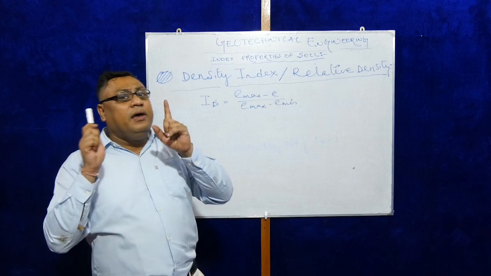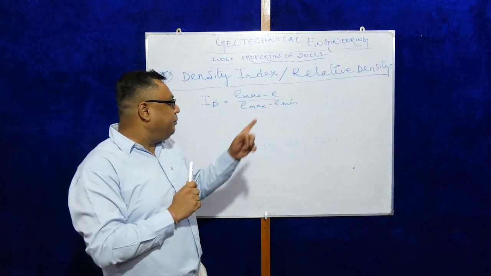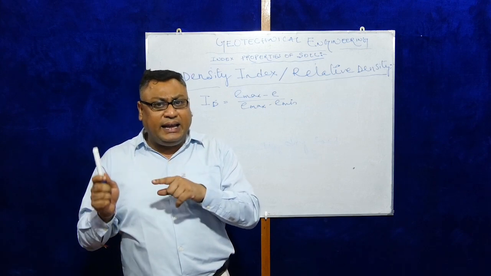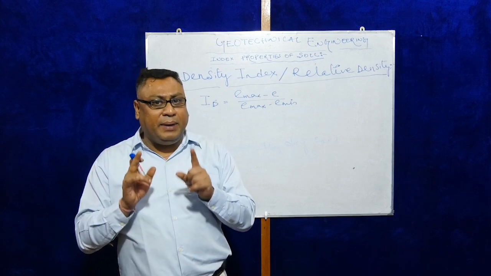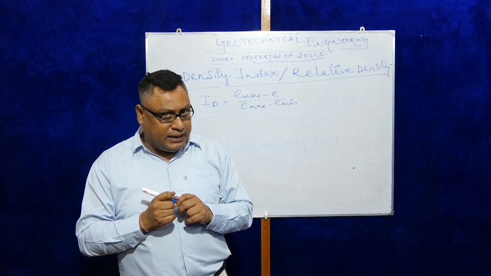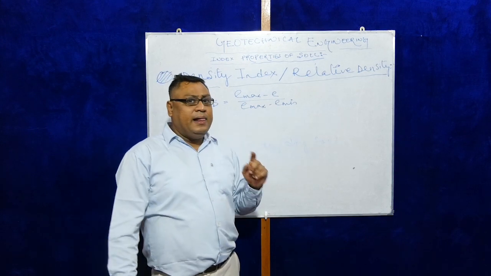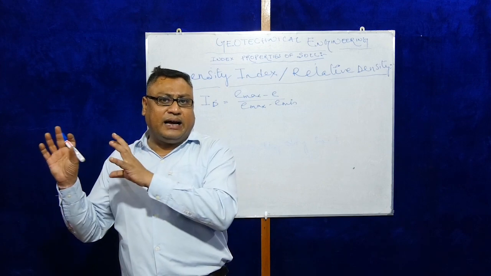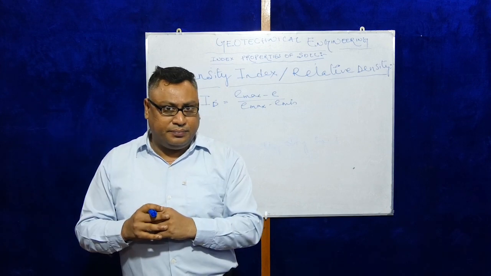And when soil is in its densest state, meaning fully compacted state, we get minimum void ratio, that is Emin. And what is E? E means void ratio of soil in natural condition or natural deposit.